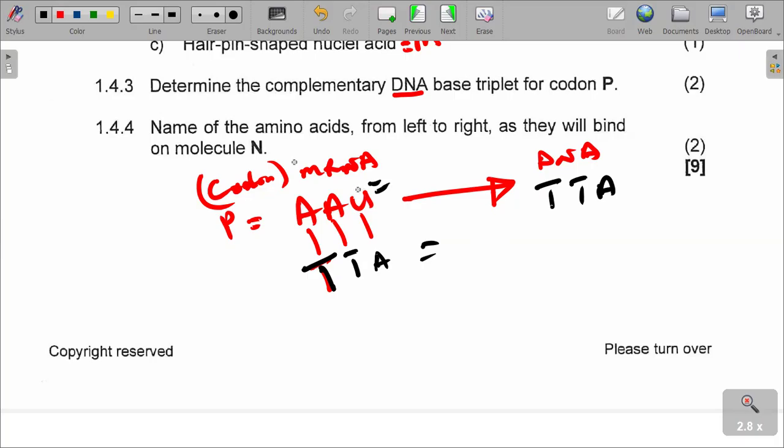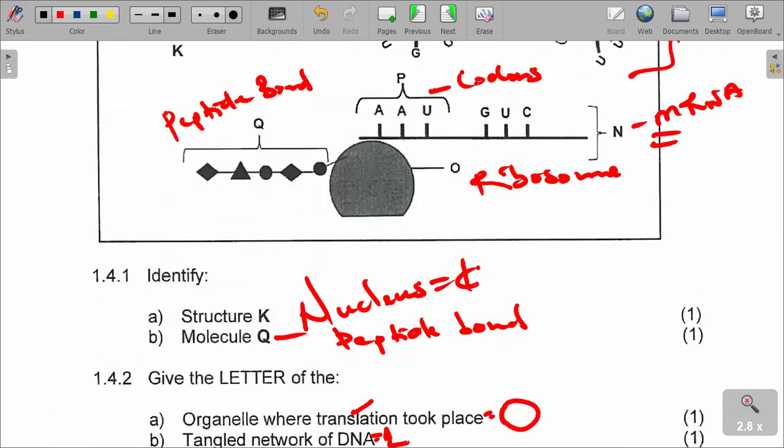And then name the amino acids from left to right as they will bind on molecule N. We are naming them from left to right as they bind on molecule N. We are given the codon sequence AAU and GUC.